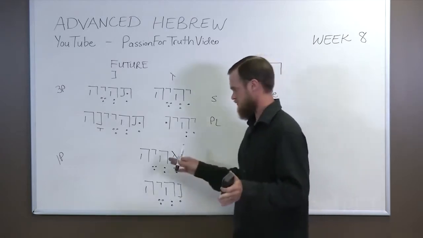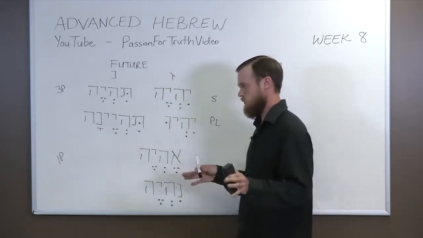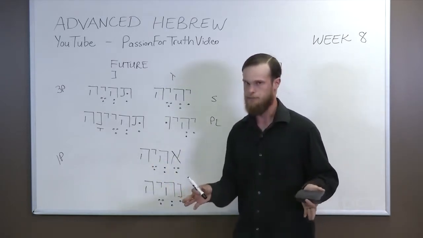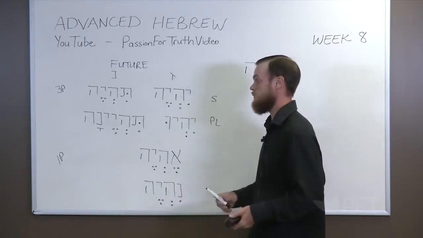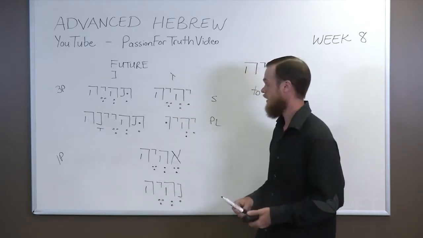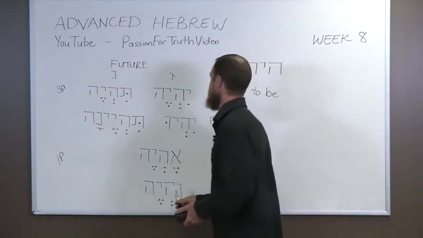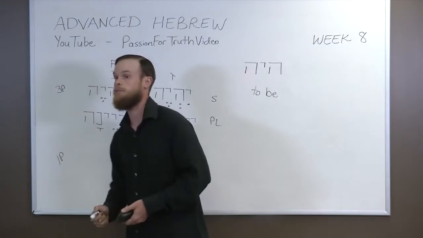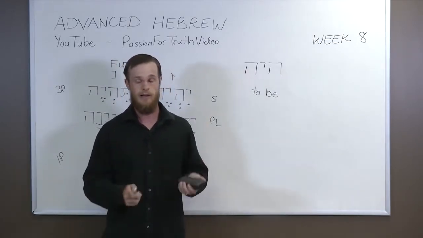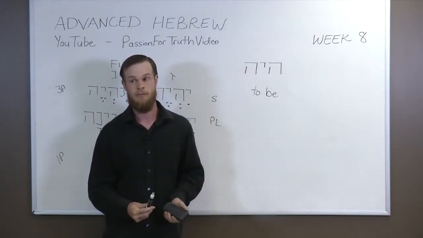Now there are various reasons that they translate it I am that I am, but literally it's I will be what I will be. One of those reasons is that haya, the verb to be, has no conjugation in the present tense.